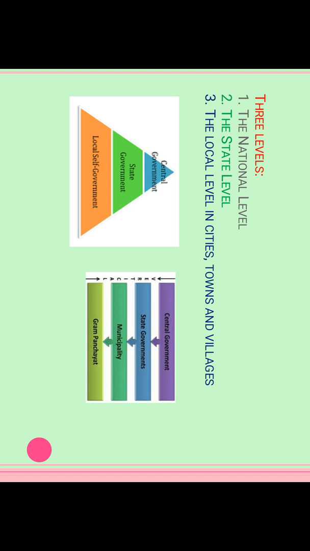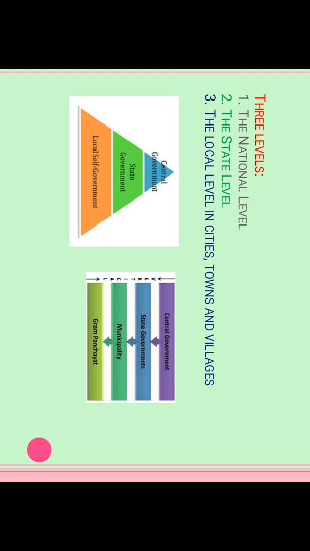So, government does many functions, and government has to take many decisions for the country. But do you have any idea, children? Country is very big in size. It has large population, large diversity.